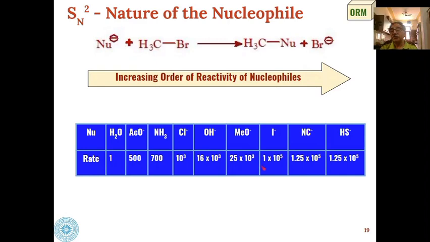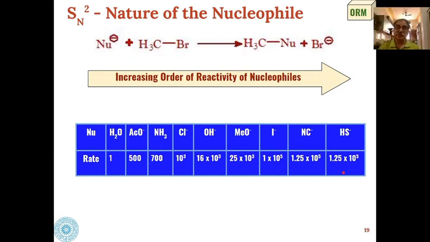This is 1 lakh 25,000, and this is also 1 lakh 25,000 times faster than water as a nucleophile. So in comparison to water, we can very well imagine the reactivity of different types of nucleophiles in this case.